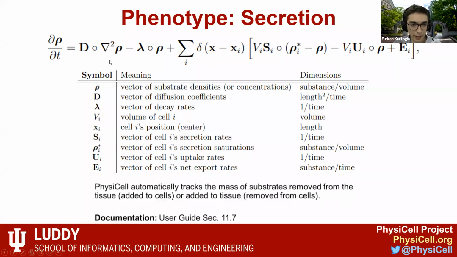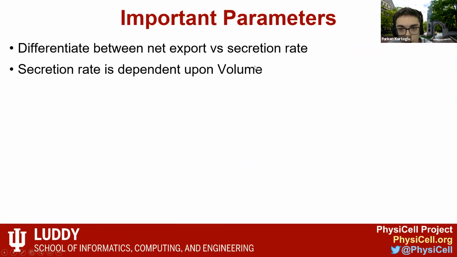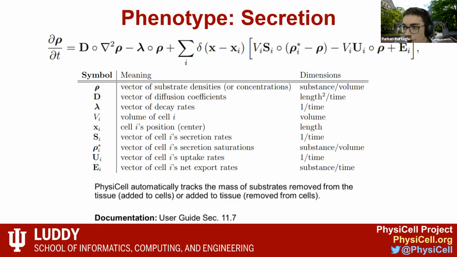In each voxel we have a diffusion, we have a decay, and we have cell secretion, uptake, or export rates. We are not covering those. We are just focusing on this part. Sorry, let me go here.